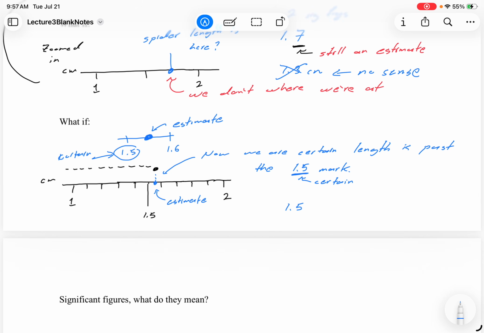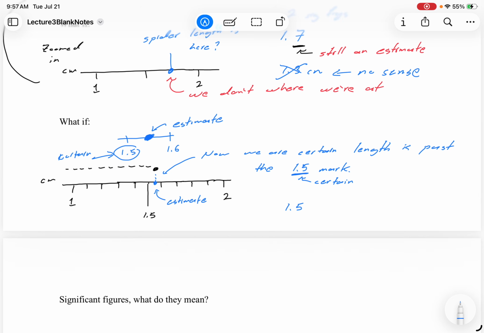Your lab partner is probably going to see 1.5 something, or you will see 1.5 something, your professor will see 1.5 something, but what is here is what you are allowed to estimate, since we know that it's 1.5 with this ruler as compared to the ruler before. We already went over that. We know that it's 1.5, and we are allowed one extra decimal place of uncertainty, one extra estimate.